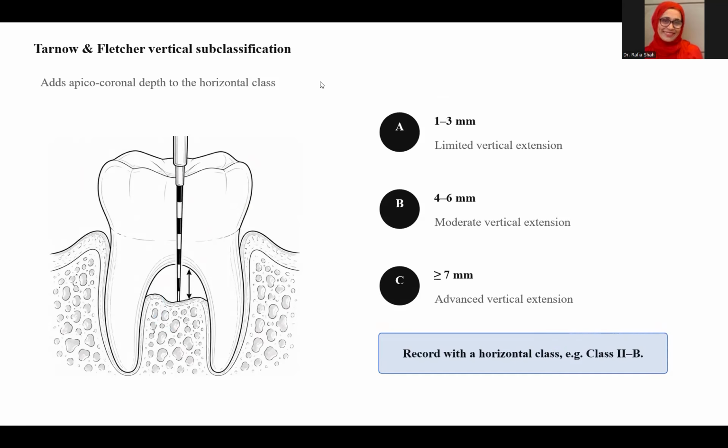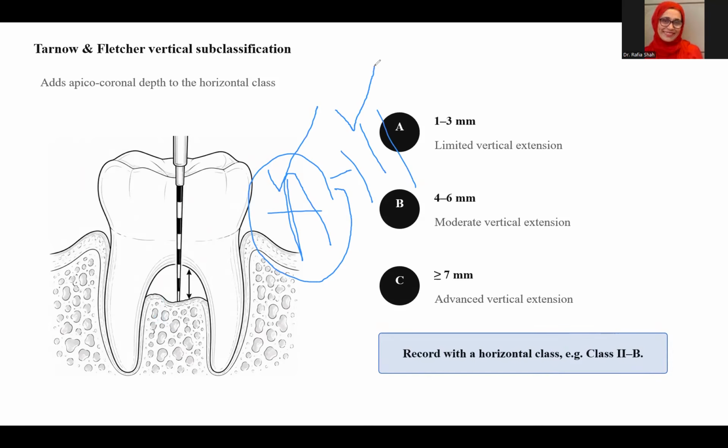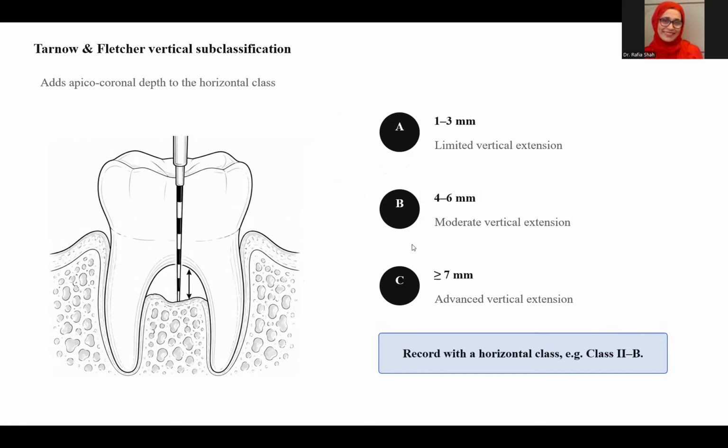For example, if we say class A with degree of invasion in a horizontal direction as 3, it means that class A is talking about the vertical component, and this degree 3 is talking about the horizontal component. I hope I'm clear. I'm trying my best to explain it, but I hope I could explain this to you.